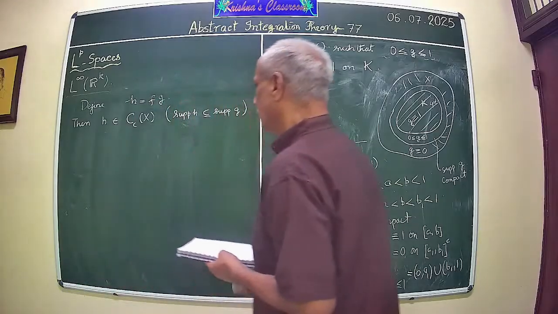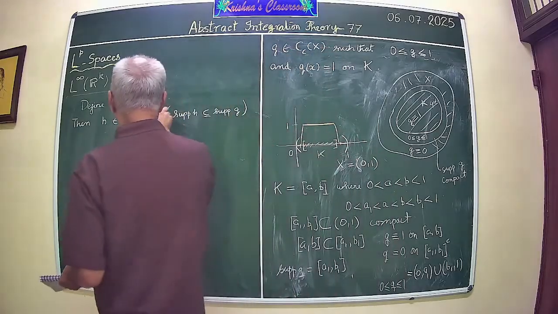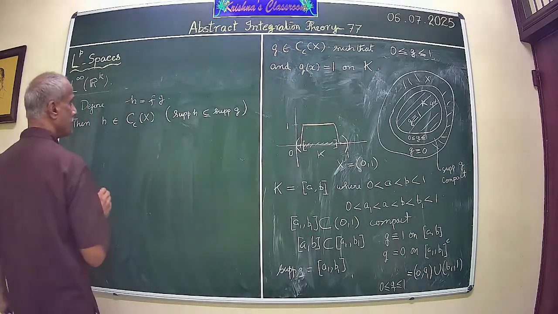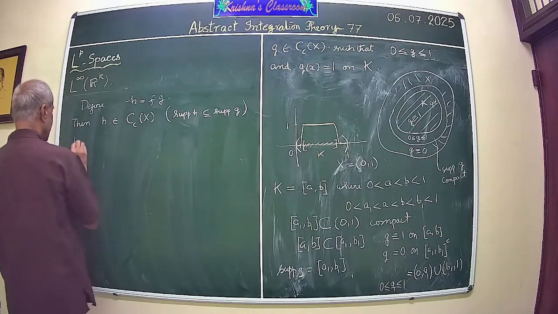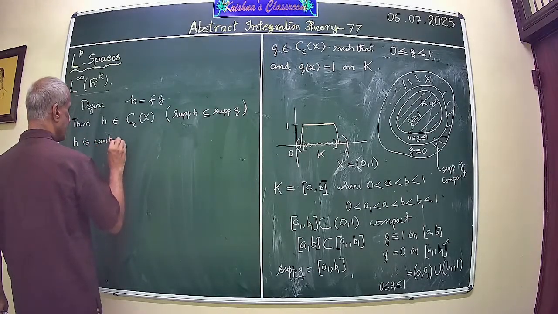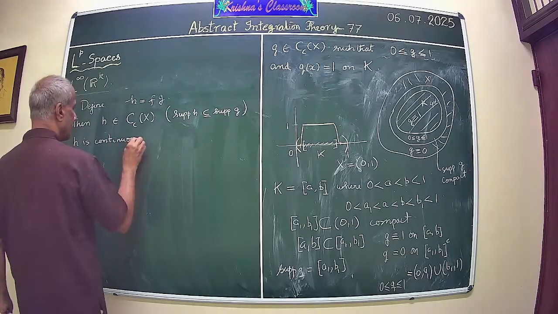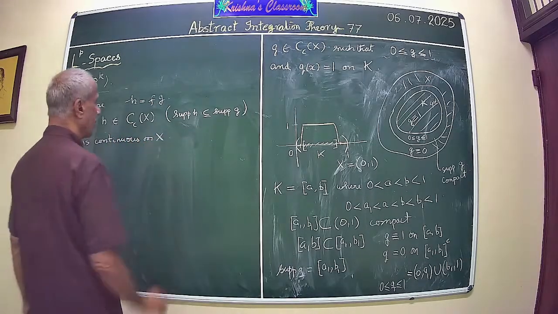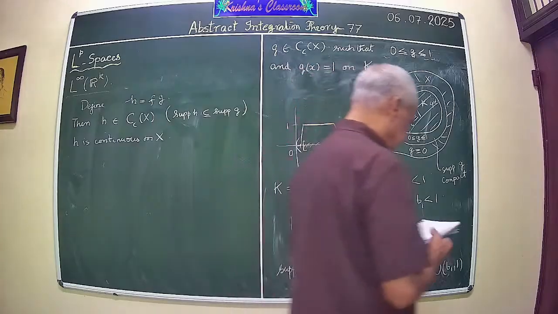This is the situation, and these are continuous functions. h is continuous, being the product of two continuous functions.